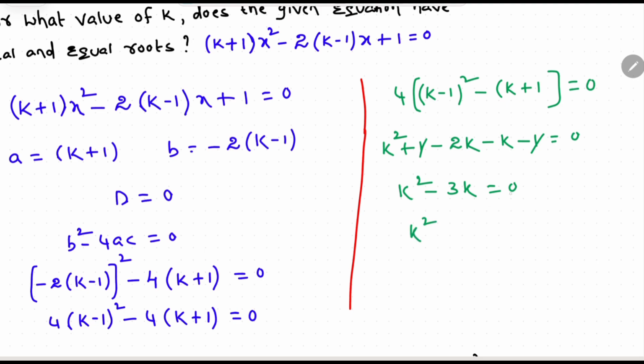When you take k as common, k minus 3 equals 0. Therefore, k value will be 0 or k will be 3. That is the answer.